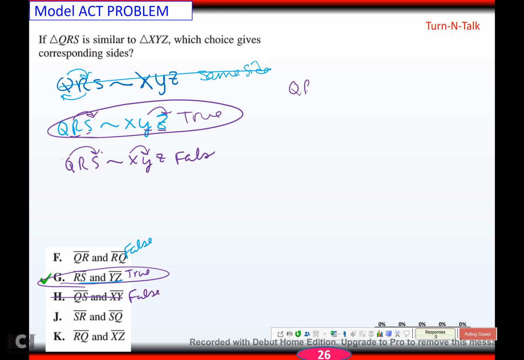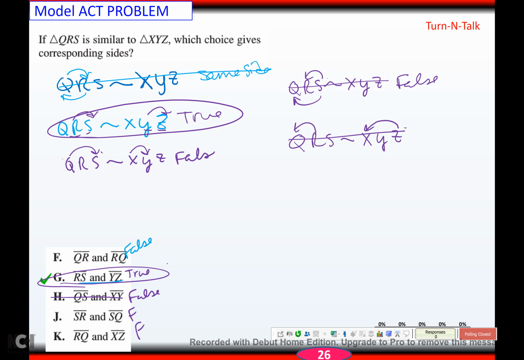Do again, QRS similar to XYZ. SR would be third to second, and SQ would be third to first. Those are in the same triangle. They're not corresponding sides. That's false. And my last one, QRS similar to XYZ. RQ, second to first. ZX, third to first. Wrong order. Those are not corresponding. So that's the only one that's true.